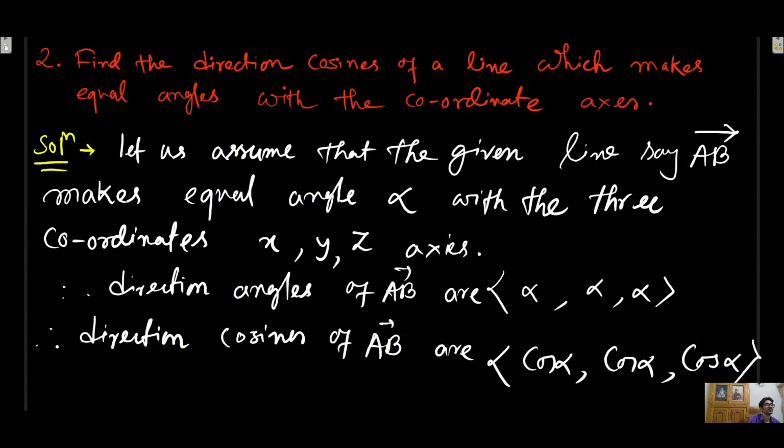Again, what we have learned from our previous lectures, particularly lecture 3 maybe, the relation between the direction cosines of a line segment is l square plus m square plus n square equal to 1, where l, m, n are nothing but the direction cosines, that is cos alpha. Here in this case cos alpha, cos alpha, cos alpha. So we get to the next page.